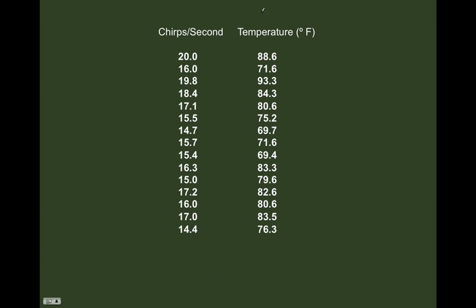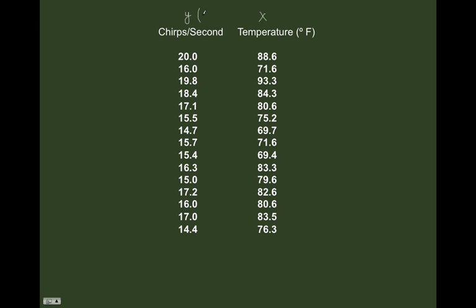Now, let's take a look at a data set. Again, remember I made y the chirps per second and temperature x, because I think it makes sense to view the temperature as independent of chirps. What we're really saying in this theory is that chirps increase as temperature increases, so the y variable is dependent on the x variable. y is the traditional variable for the dependent variable, and x is the traditional variable for the independent variable.